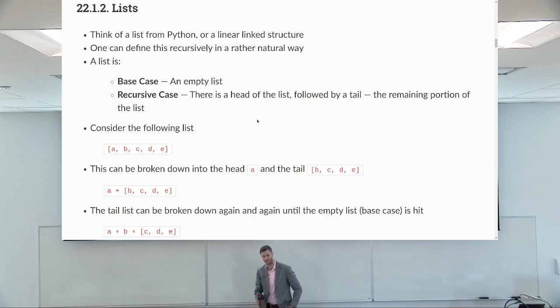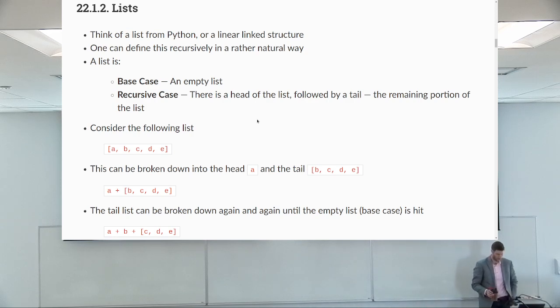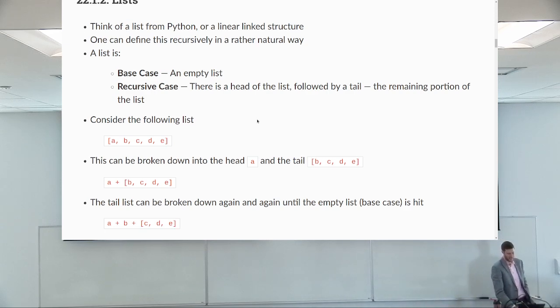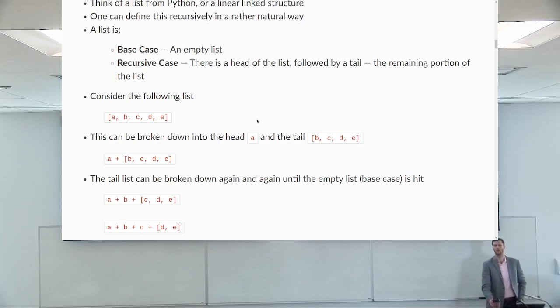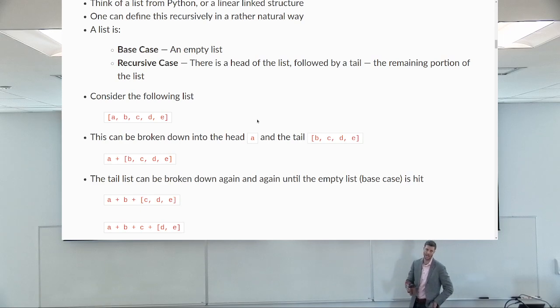Is this a list? Well, it looks like a list, but let's go answer. By following the recursive definition, we need to be able to get the head of a list and have the tail of a list. And that tail of a list must be a list in order for the whole thing to be a list. So I can take the head of the list, which is A, followed by the rest of the list, which is B, C, D, and E. So I've got a head and a tail.